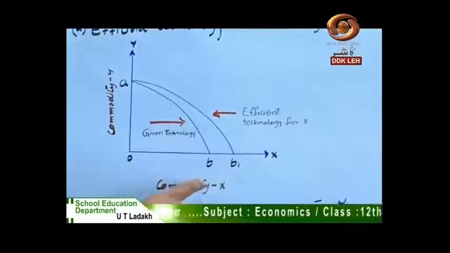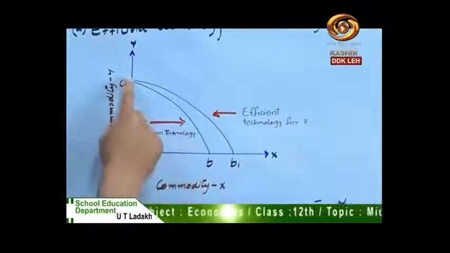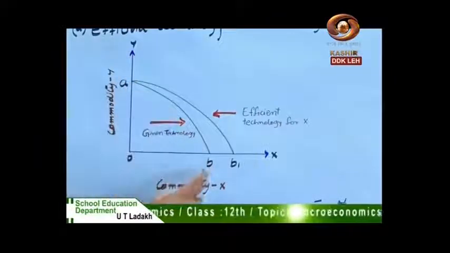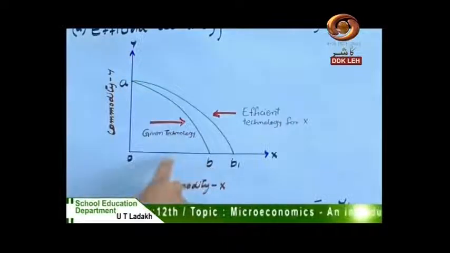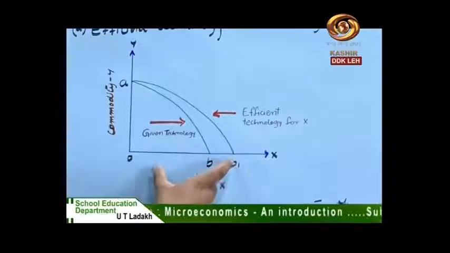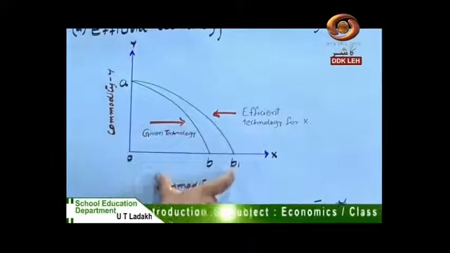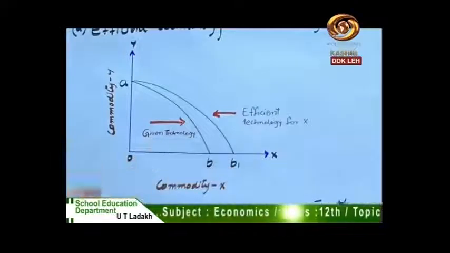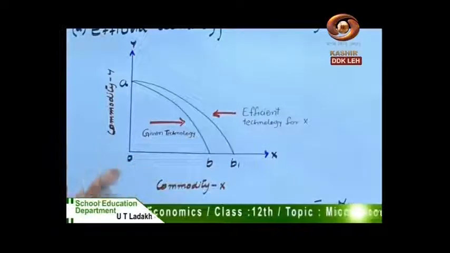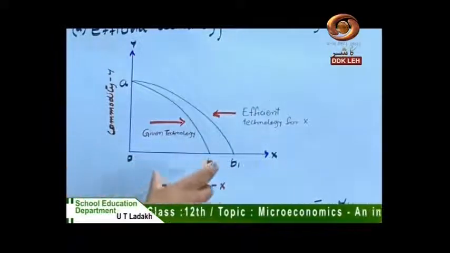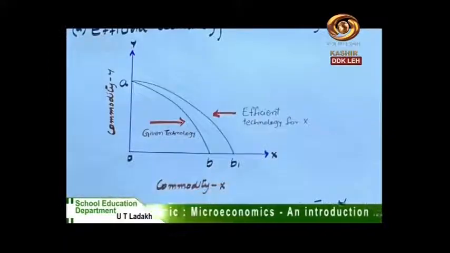Here you see, the same production possibility curve moves from OB to OB1. This movement occurs, or it rotates anti-clockwise, due to increase in the efficiency of method of production for the commodity X.